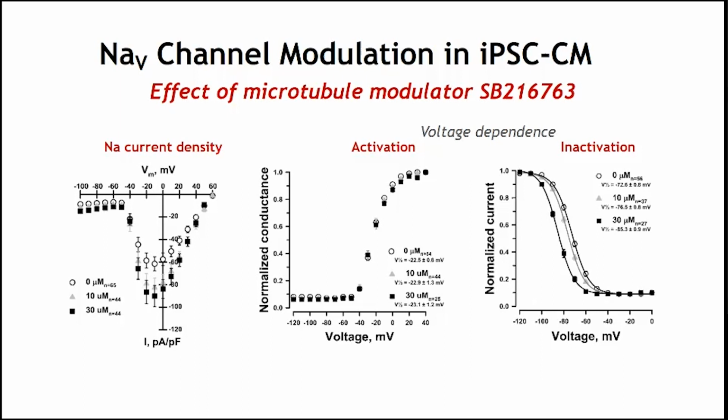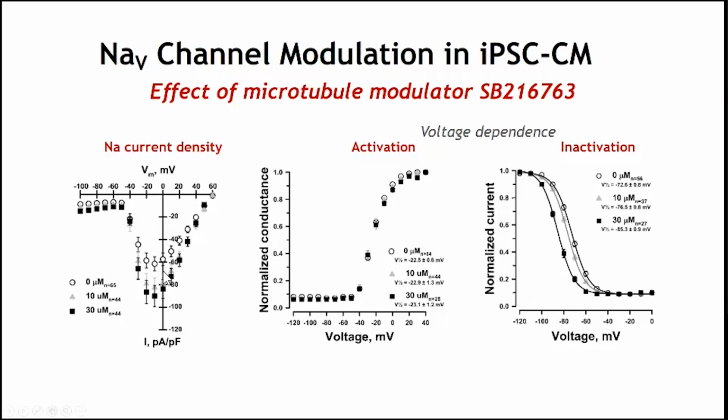It has other functions as well, but we looked at this because our collaborators in the Netherlands had demonstrated that, in fact, this compound, which we go by the nickname SB2, does alter the kinetics of insertion of sodium channels into the plasma membrane and potentiates trafficking.